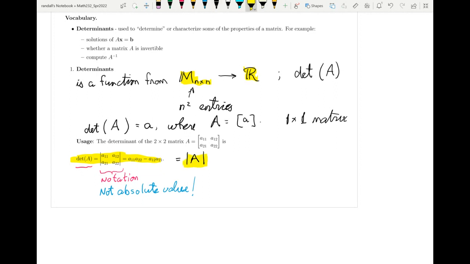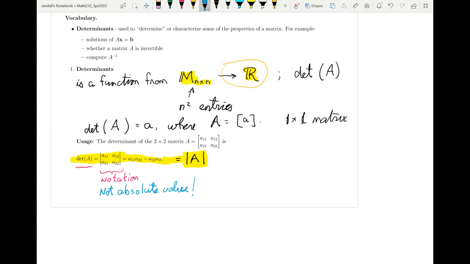I can put the two bars around the matrix A, vertical lines. It looks like absolute value, but it's not. If you know that the inside is a matrix, then you interpret that as determinant. And remember, the determinant, I'll remind you again, can be any real number, positive and negative. So don't interpret that as an absolute value.